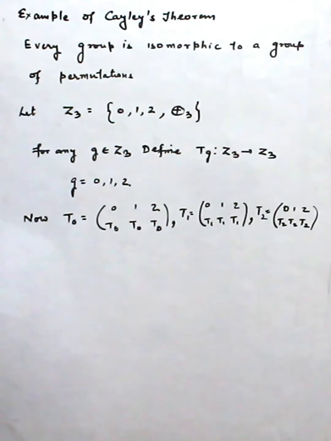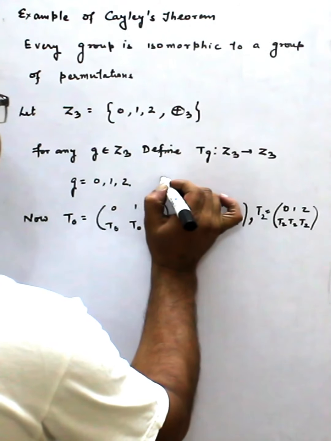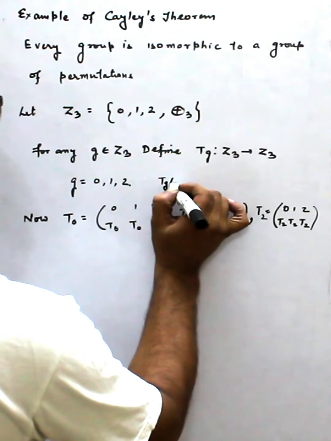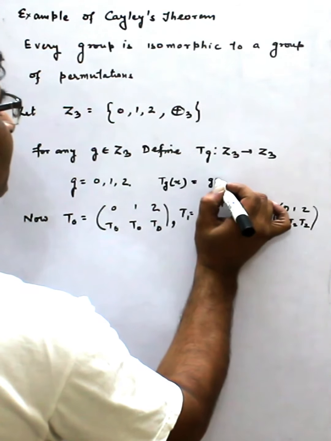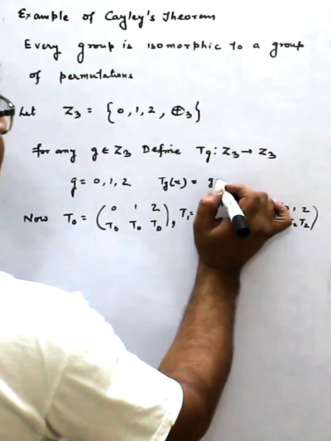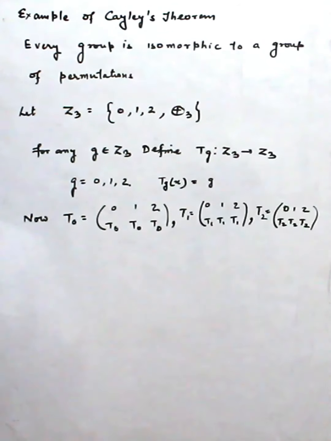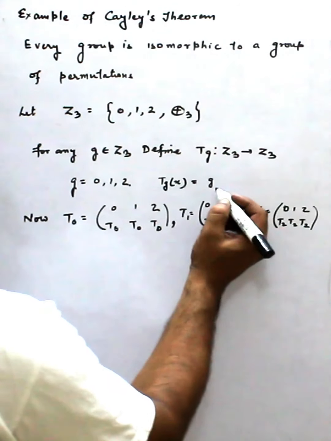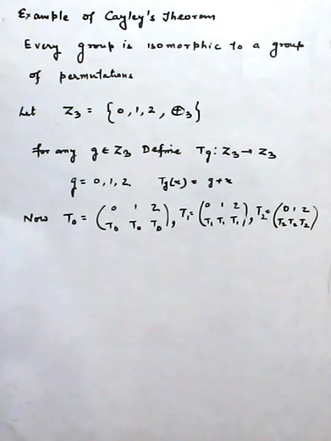Now what is T0? Our definition was Tg: if x is placed in T, then it gives gx. But here our operation is addition in Z3, so here I take g plus x and divide by 3, right?